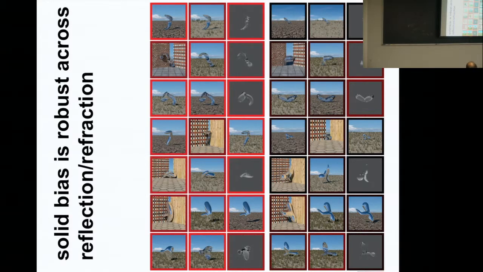So on the left, this is a shape that in the original evolution experiment evoked really high responses. On the right is a different three-dimensional shape that evokes low responses. So what we're showing is that these responses remain high, these responses remain low. Mainly this serves to rule out the possibility that refraction or reflection itself is driving responses.